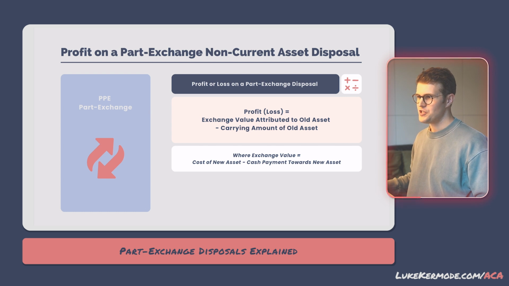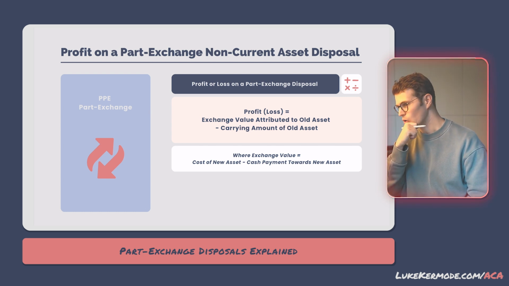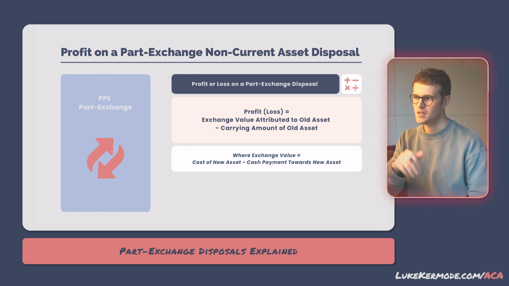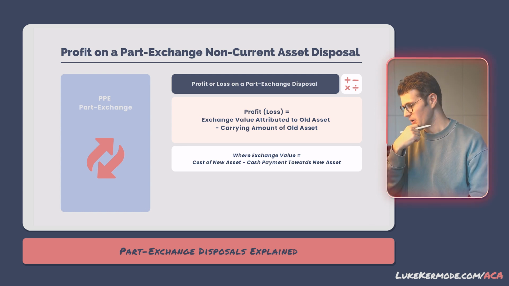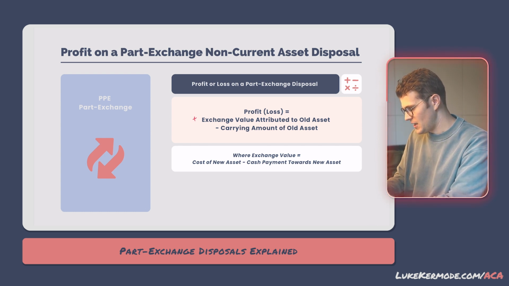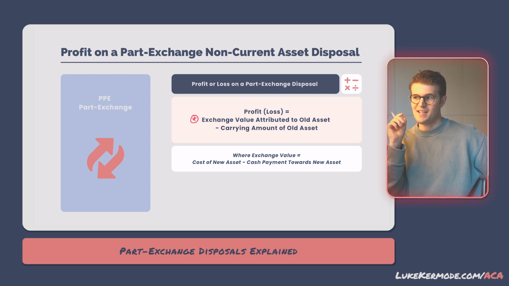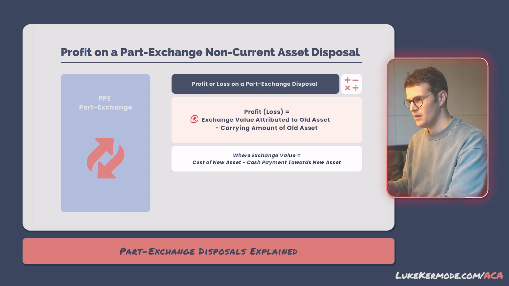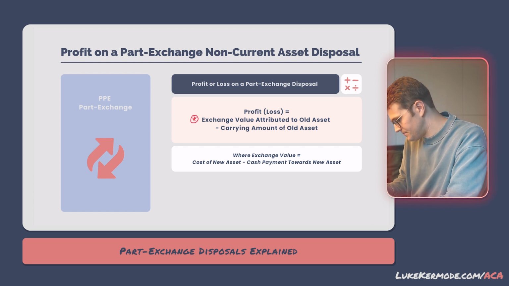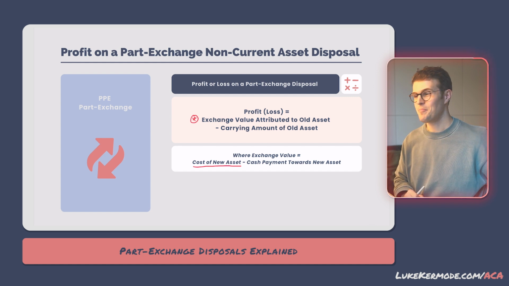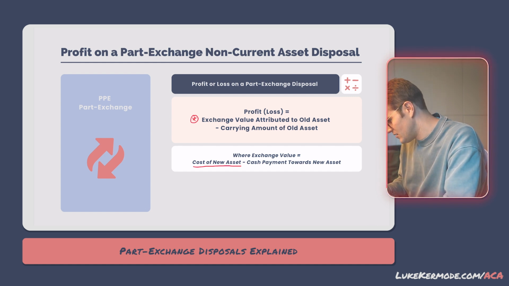When a business part exchanges a non-current asset, we still need to calculate the profit or loss on the disposal, just as we would do with a cash sale. So to calculate that profit, we first work out the exchange value. So the exchange value is the amount the old asset is effectively being valued at in the deal. So you calculate the exchange value by taking the cost of the new asset and deducting the cash payment made by the buyer towards the purchase of the new asset.